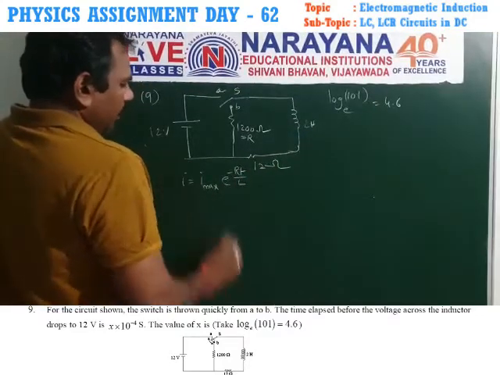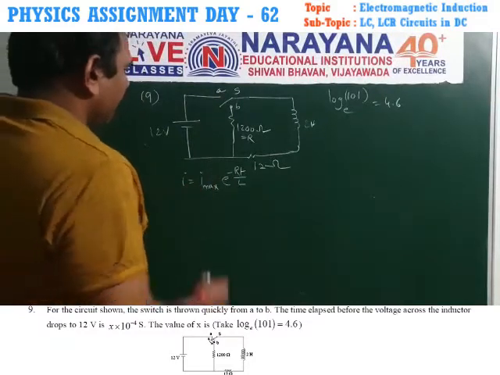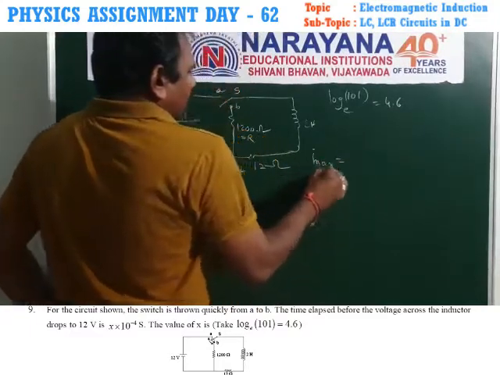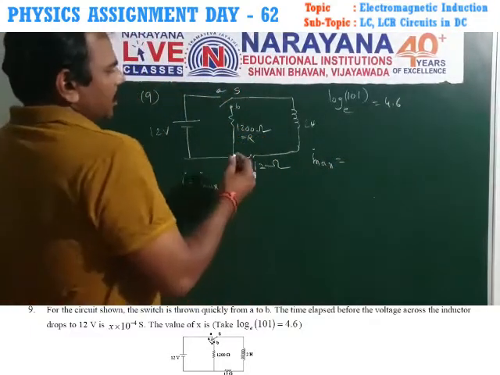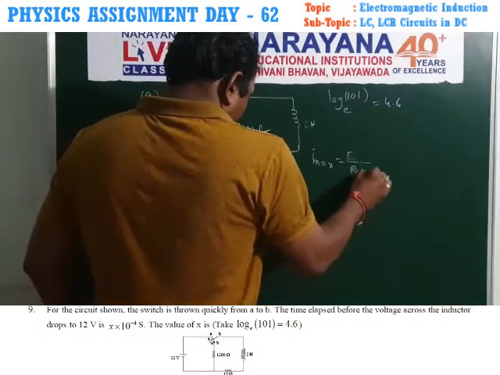So here I max is equal to EMF by the effective resistance R effective.